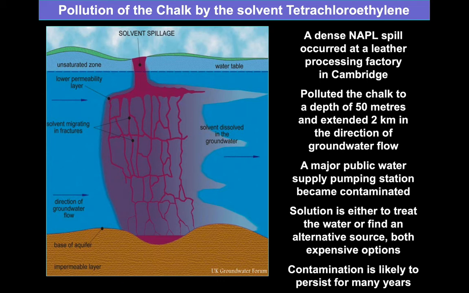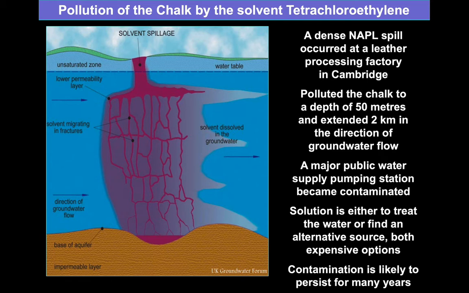It's very permeable, down to a depth of 50 meters, and was significant for 2 kilometers in the direction of the groundwater flow. Now, the chalk in the east of England is a crucial aquifer. It's a very dry part of the country, and a major public water supply became contaminated and unusable.